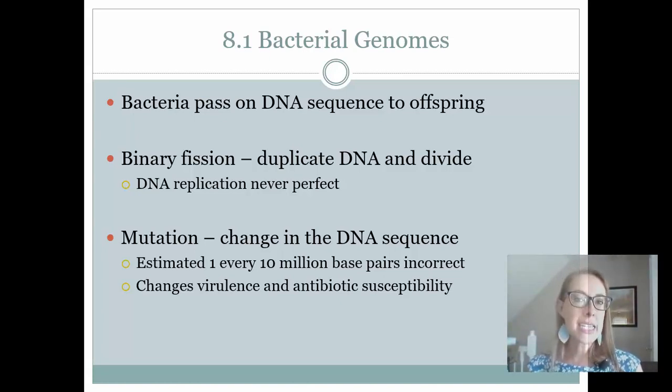The deal here is that while we like to think that every single nucleotide is going to be copied perfectly through base pairing, DNA polymerase is not perfect. We estimate that DNA polymerase in bacterial cells is going to make a mistake about 1 every 10 million base pairs that it reads. That mistake, that change in the DNA sequence is called a mutation.